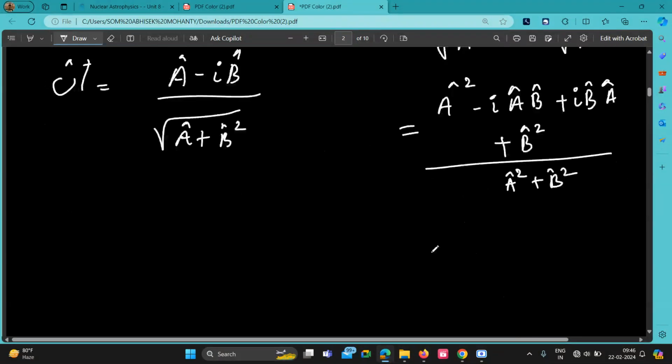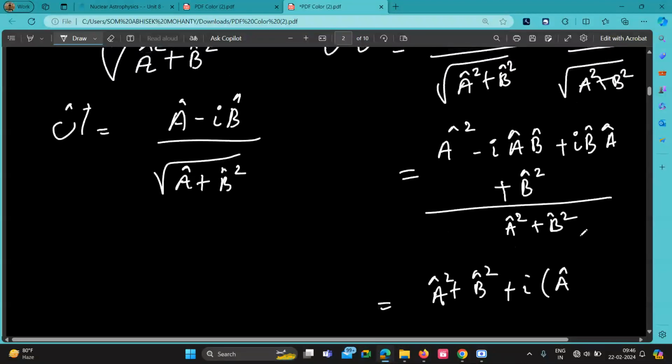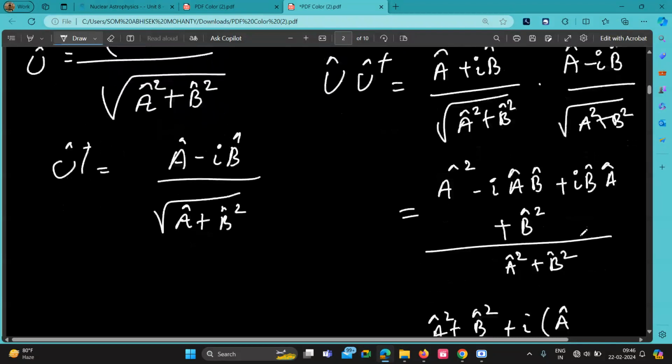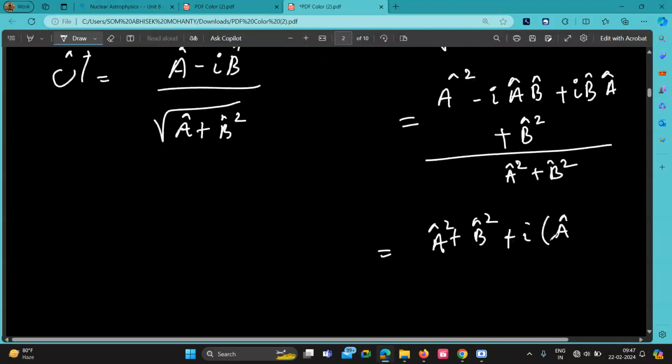So this becomes A square plus B square minus i into (AB minus BA), divided by A square plus B square. A little mistake there, it is minus i.